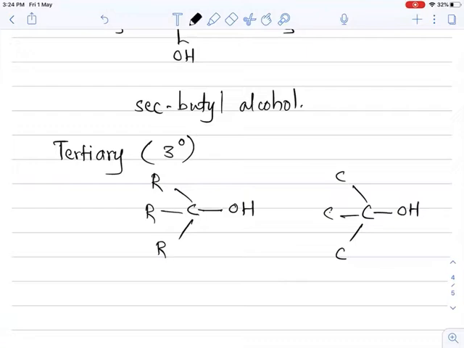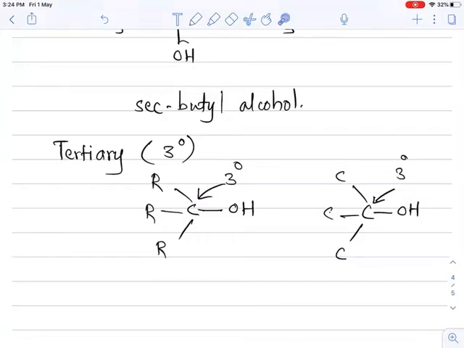So any alkyl group attached to this carbon, that is the tertiary carbon atom. So this carbon atom is a tertiary carbon to which the OH group is attached.